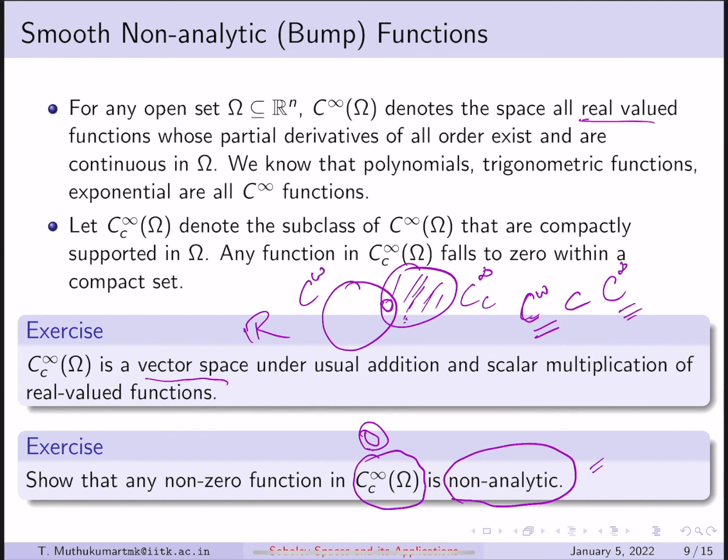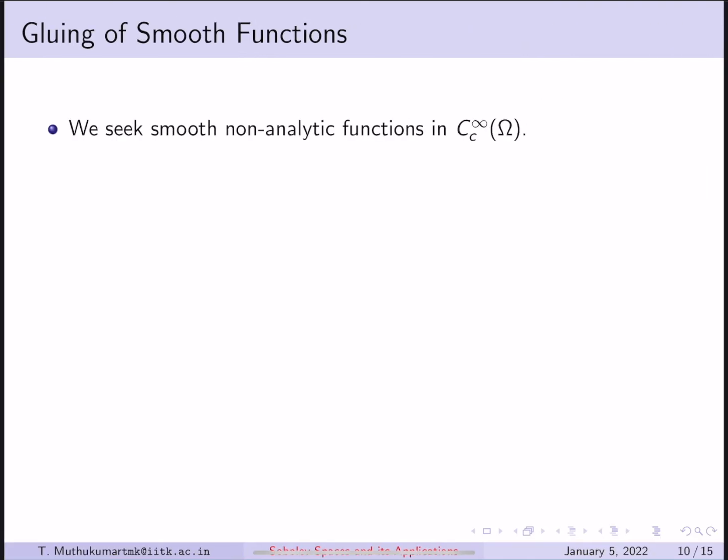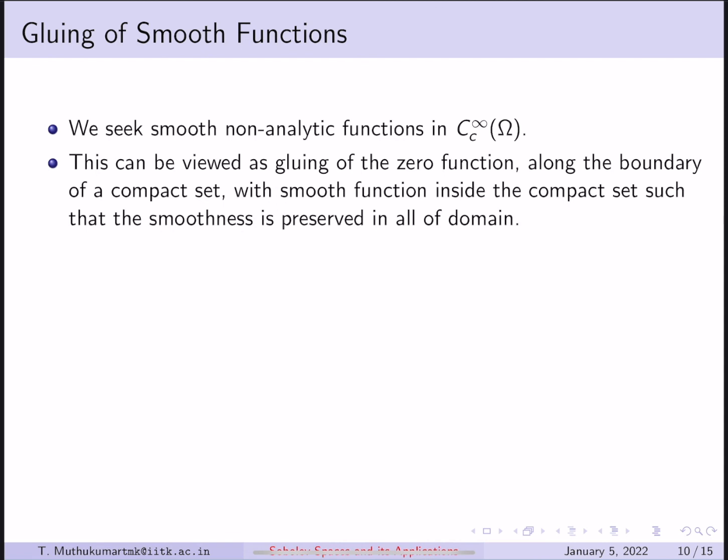So that's what we are going to do. We seek smooth non-analytic functions in C infinity C omega. So what is it that we want? If you imagine, even in the case of one dimension, you are looking for functions which can go up in some compact set and should fall down to 0.